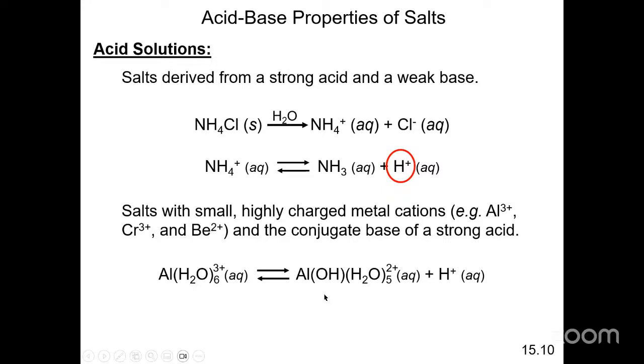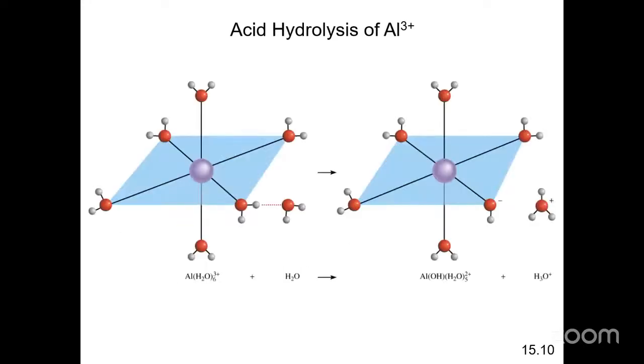Basically, because of its high charge density, the aluminum ion will release hydrogen ions into the solution, and as a result, the solution will be acidic and will have a pH below 7, all right?